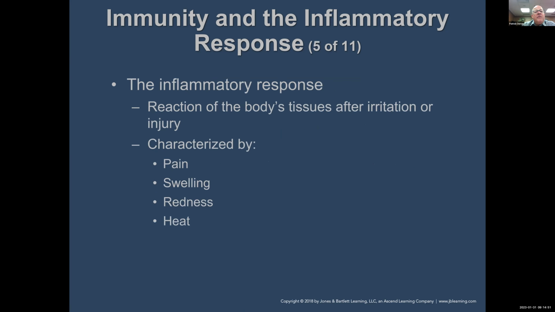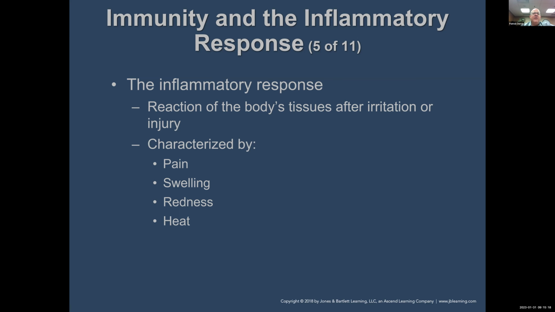We're going to talk about inflammation again, a little bit more detailed, but it's basically rubor, calor, dolor, right? Red, hot, tumor, swollen, and painful. So the cardinal signs of inflammation are pain, swelling, redness, and heat. What are the cardinal signs of infection?